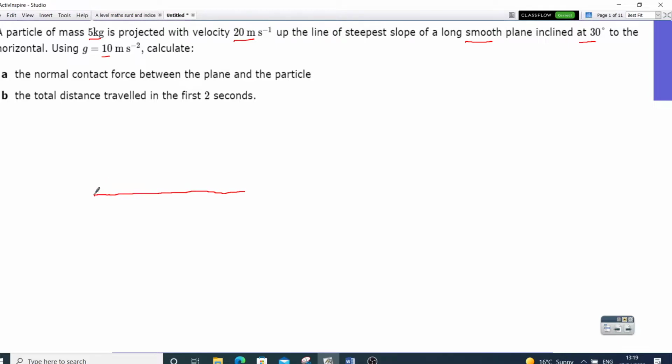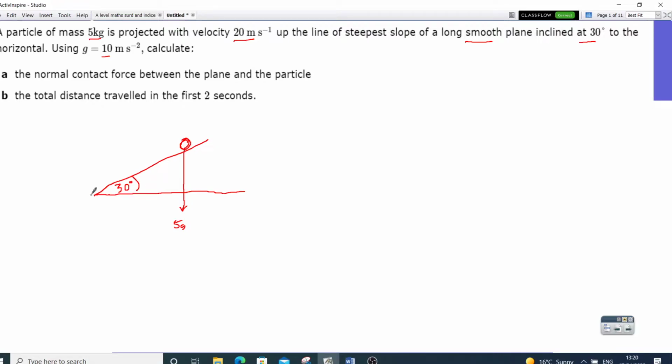Here's the horizontal and this is being projected up a smooth slope, a mass of 5 kg. So I've got this particle here, this has a mass, so the weight will be mg, which will be 5g going down, and this incline is at 30 degrees.